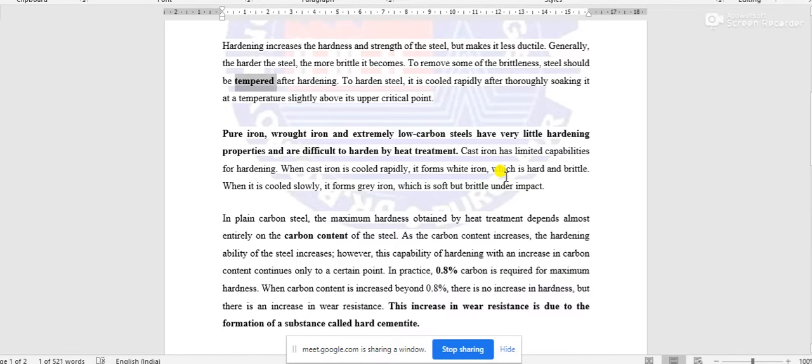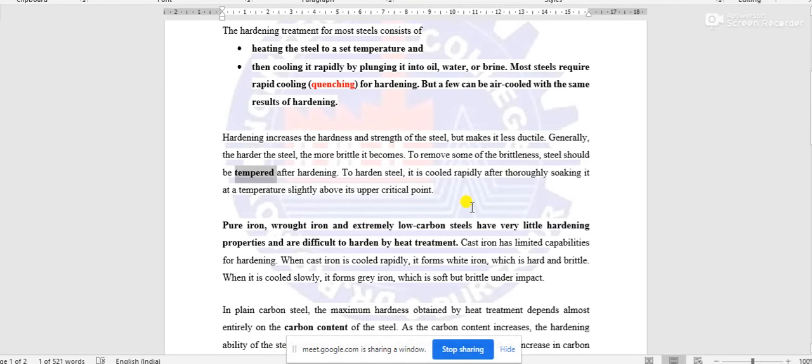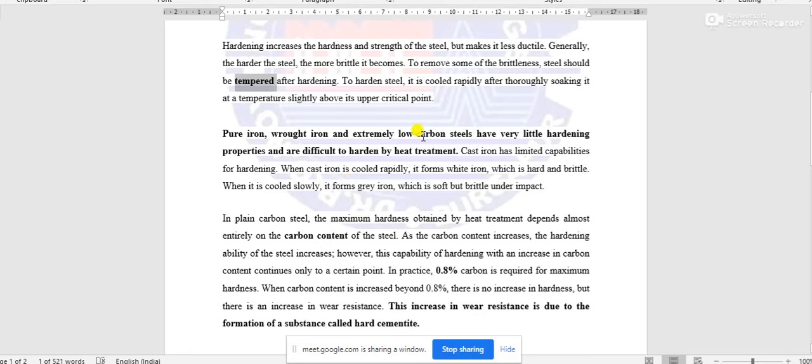But in that case, when cast iron is cooled rapidly in the second stage of hardening, that means after heating, we have to cool the steel rapidly. If cast iron goes through this second stage, cooled rapidly, then it forms a special type of iron whose color is white.